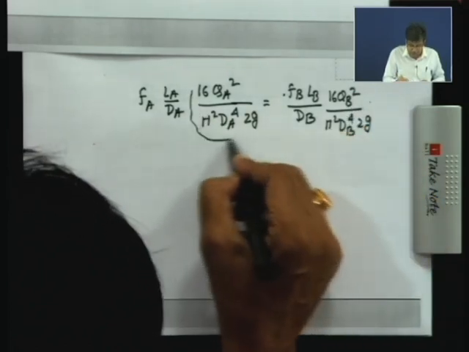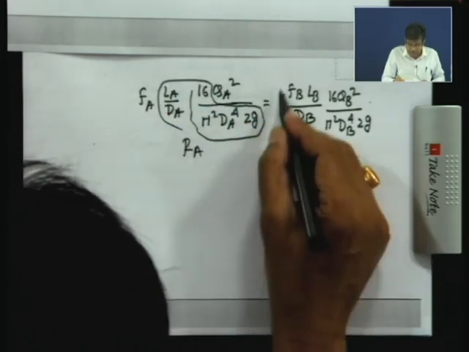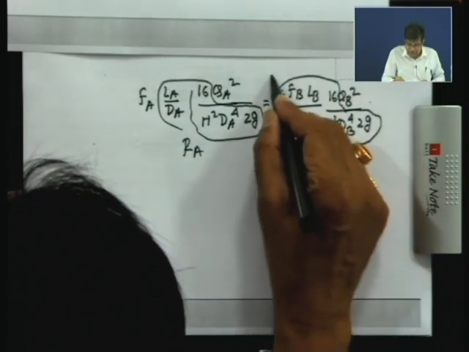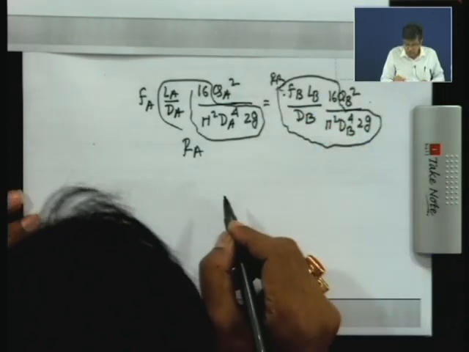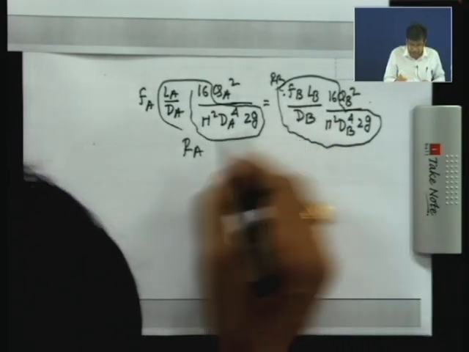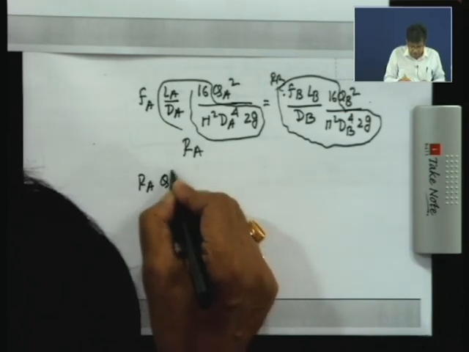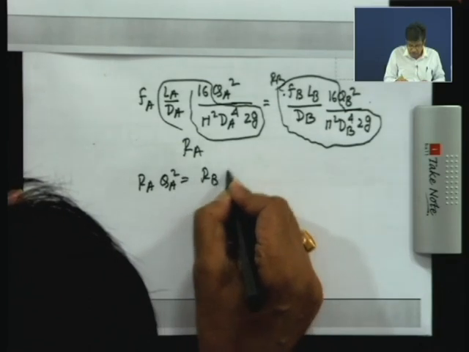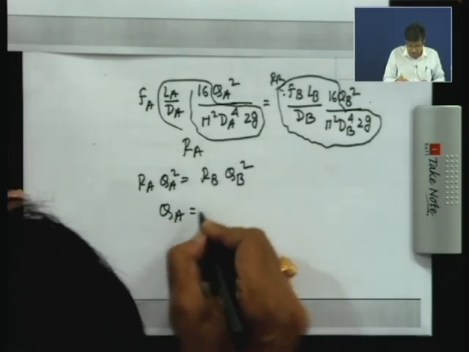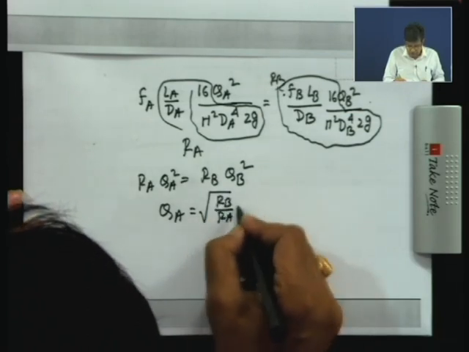If we define this entire thing as RA, and as usual define this as RB, that means 8 F L by D to the power 5 pi square G, then we can write RA QA square is RB QB square, or QA is root over RB by RA into QB.